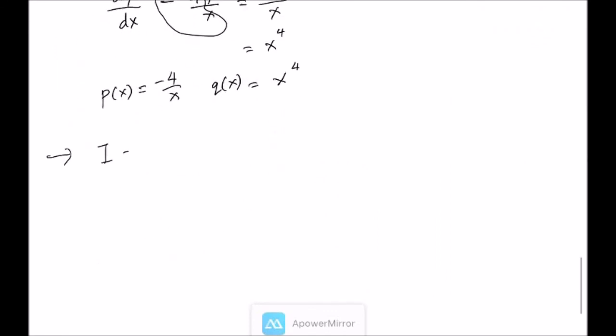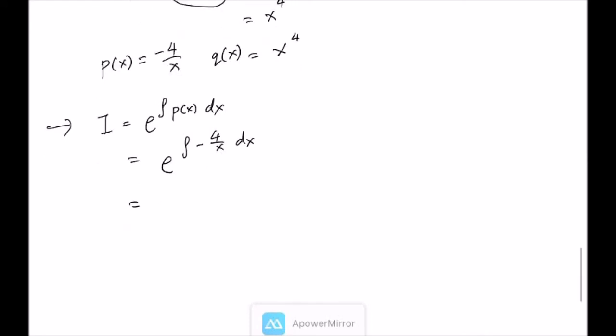P(x) is negative 4 over x. So you take out the constant of negative 4, and then integrate 1 over x, you get ln x.